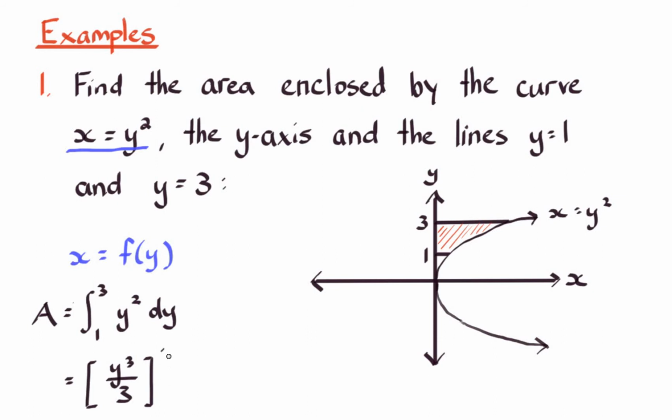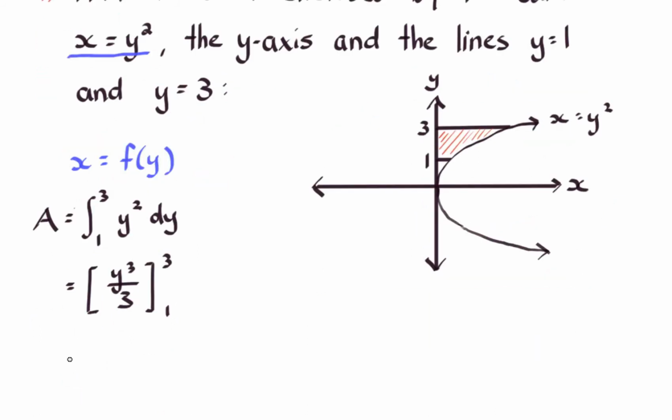And that's it. Because our lower and upper bounds are already in terms of y, we can substitute them in using the fundamental theorem of calculus. And so we get 3 cubed on 3 minus 1 cubed on 3.